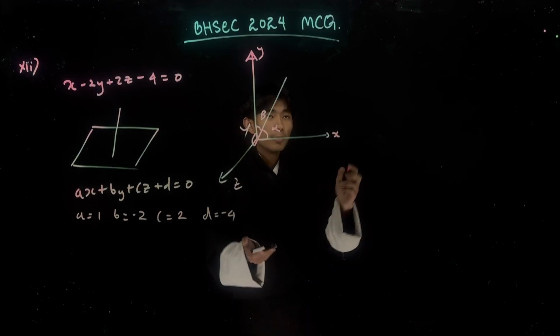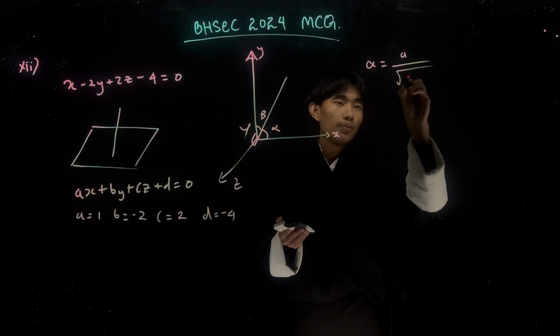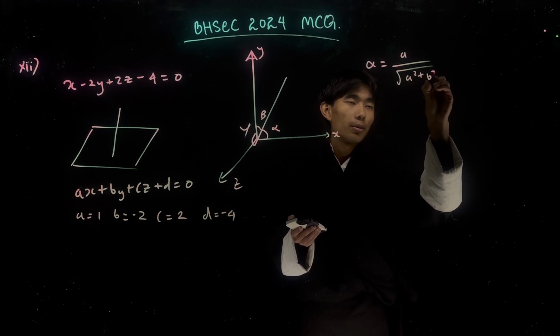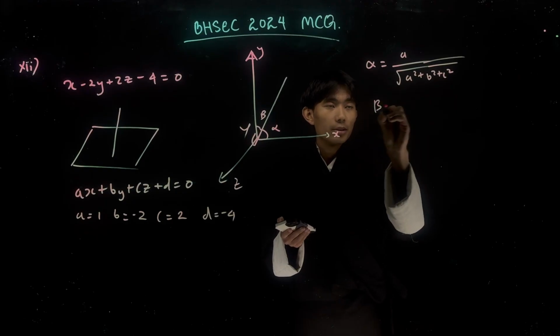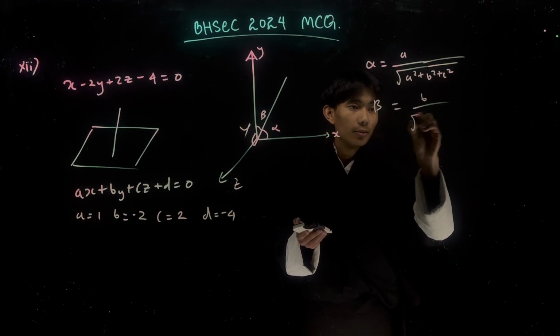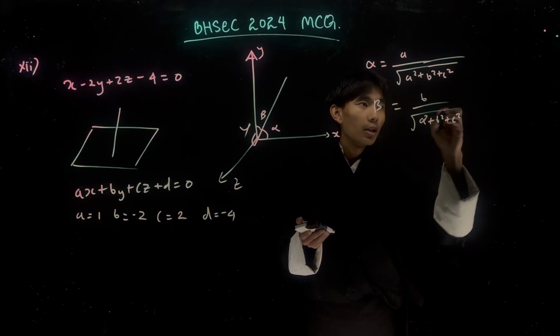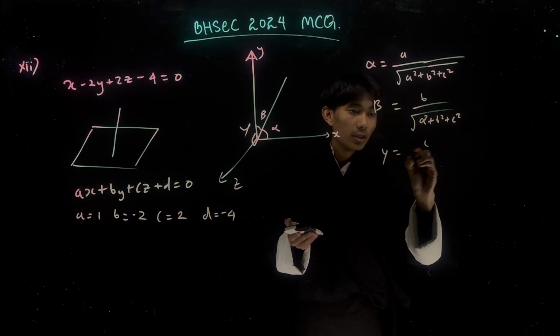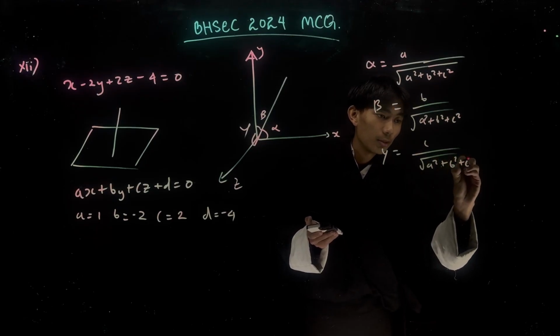So the formula goes as follows. Alpha is equal to a divided by root of a square plus b square plus c square. Beta is equal to b divided by root of, similarly, a square plus b square plus c square, and gamma is equal to c divided by root of a square plus b square plus c square.